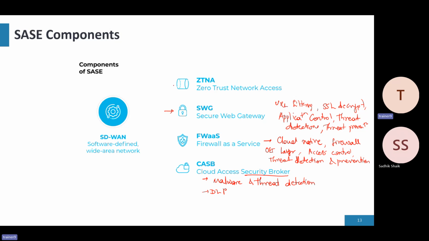Then we also have zero trust network access, the ZTNA, which gives continuous verification and inspection capabilities. You can enable your continuous verification and inspection capabilities very easily.